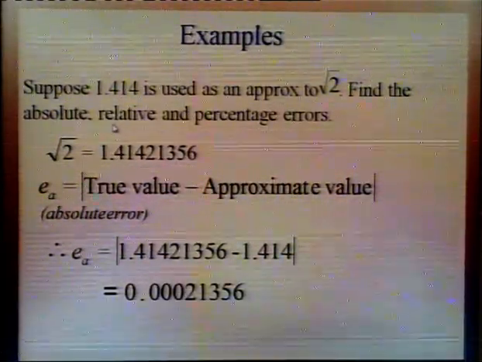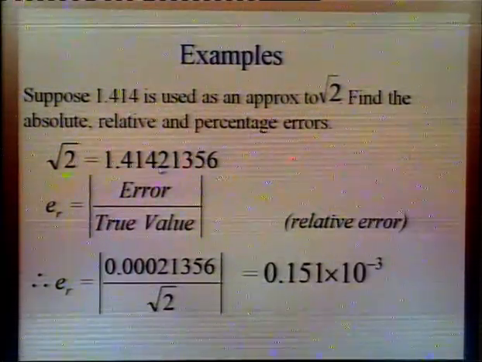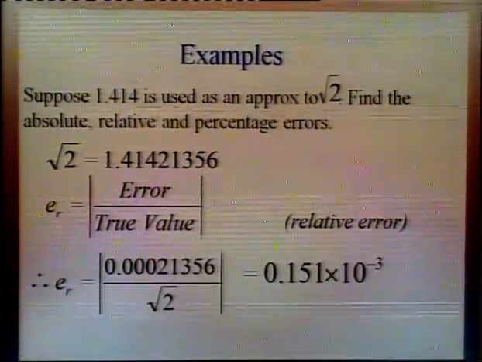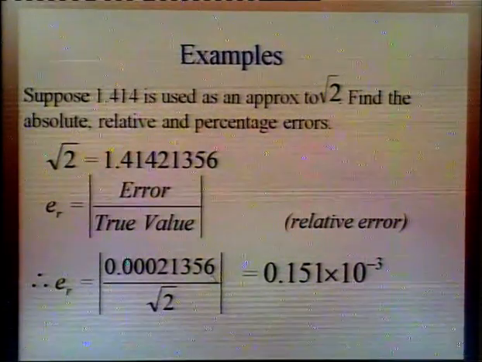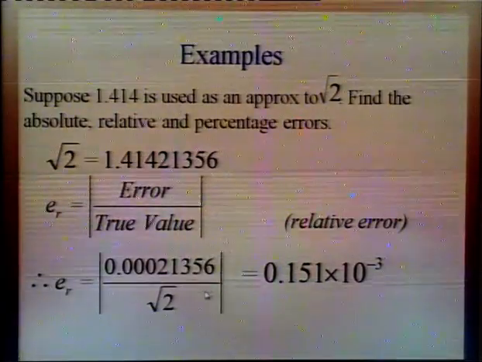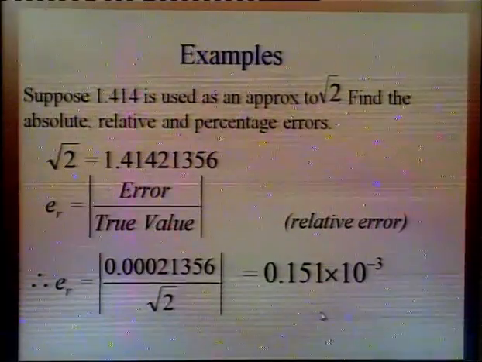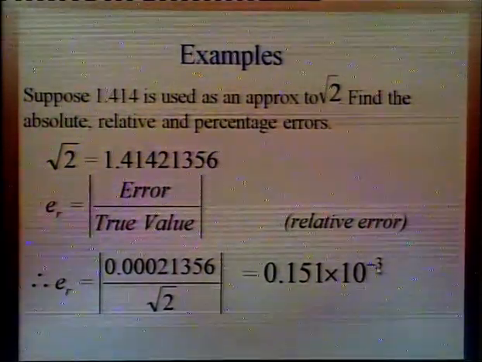Next we have to calculate the relative error and percentage error. Relative error is equal to absolute error divided by true value. Absolute error is 0.00021356 and true value is 1.41421356. Upon dividing these two, we get the relative error as 0.151 into 10 raised to power minus 3. This is the relative error.